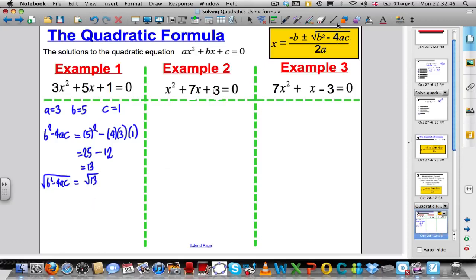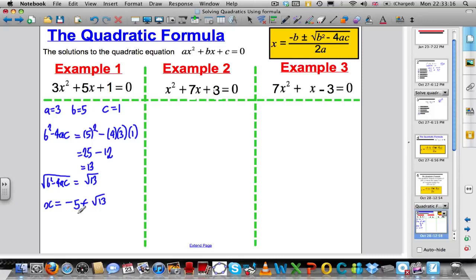Okay, we've worked out this bit in the quadratic formula. Now I'm going to substitute my b and a into the rest to find out my x's. So x is equal to negative b, so negative 5. Let's take the positive answer first, plus the square root of 13, all divided by 2 times a.